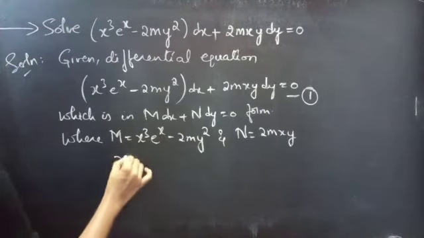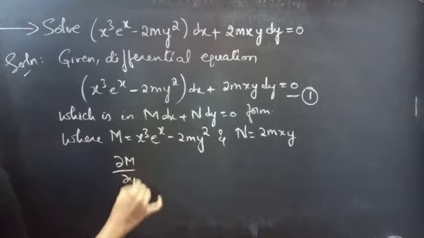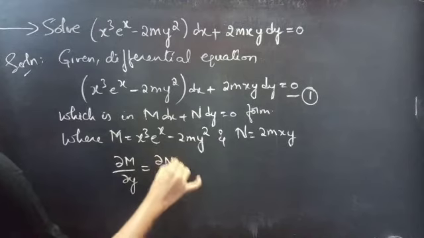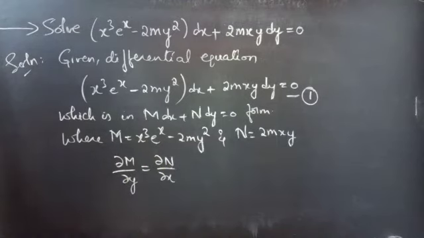If partial derivative of M with respect to y is equal to partial derivative of N with respect to x, then we can call the given equation an exact equation. Okay, so let's find partial derivatives.